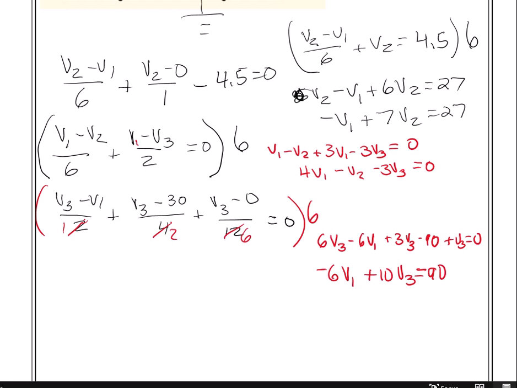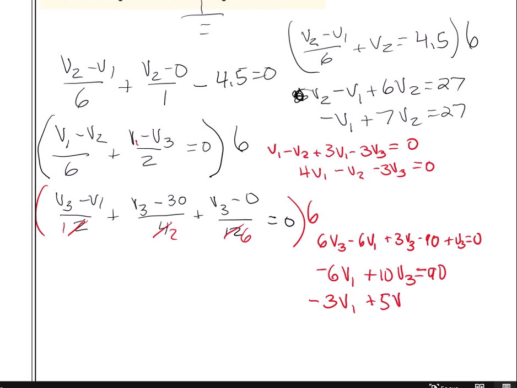If I divide everything by 2, minus 3V1 plus 5V3 equals 45.